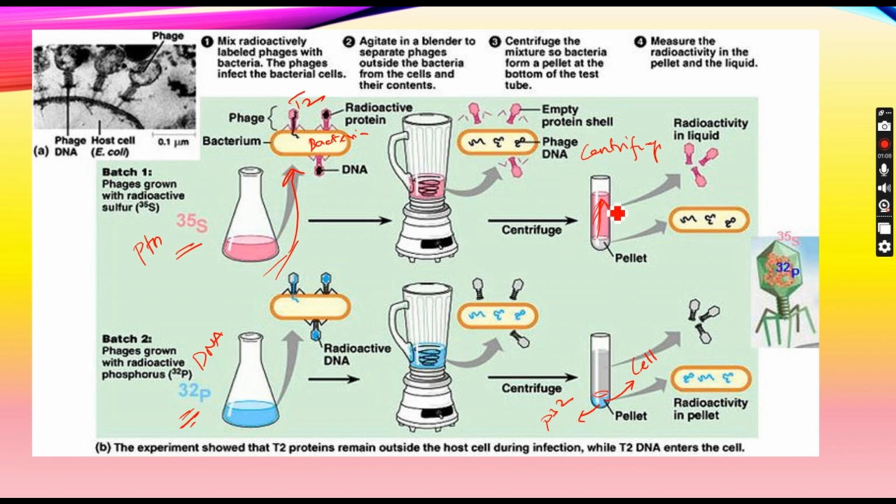Where it was without cell, it has less density, so it was found at the top. Therefore, the radioactivity labeling shows that the bacterial cell is associated with the phosphate 32 labeled component, that is DNA. Thus, DNA as a genetic material was found.